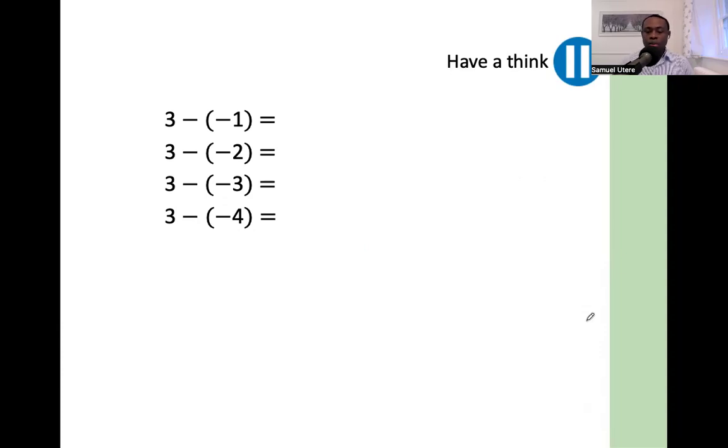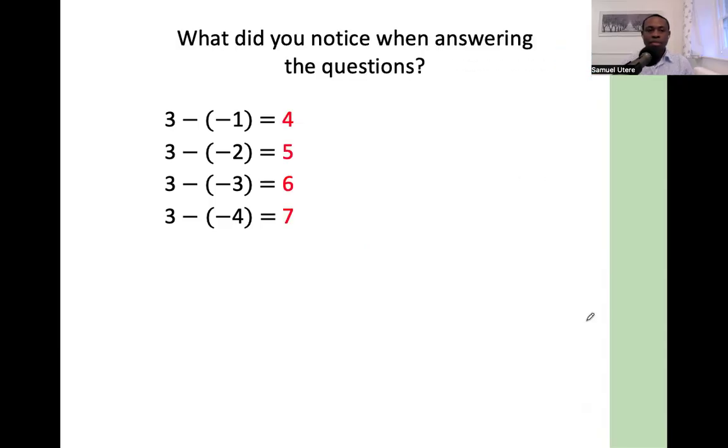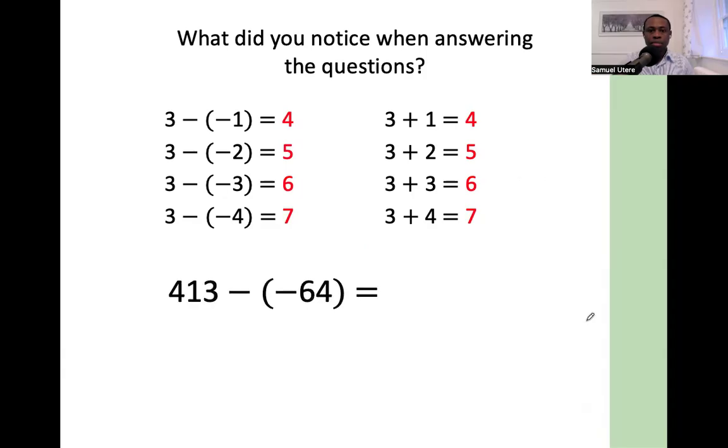All right, assuming you've paused the video and you've answered them, here are the answers. I'm sure you've noticed that two negatives next to each other result in positive. And that's the calculation. Now, why this is useful is that we can begin to use this method to do some really interesting calculations when it involves large numbers.